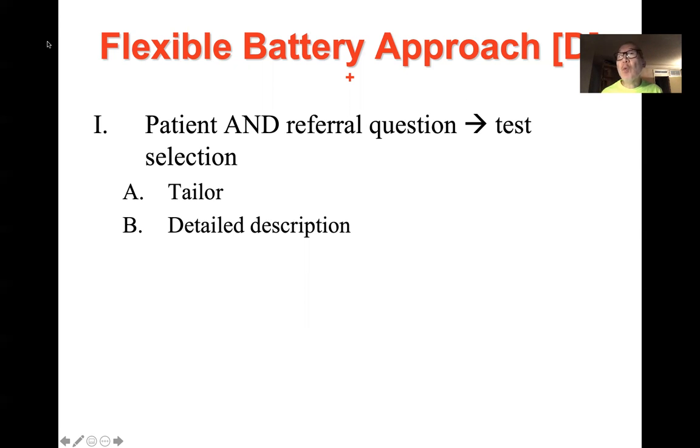Instead of one or two attentional tests from the Luria or Halstead Reitan, the psychologist may administer several attention tests. You have to be very focused on the specific referral question. Alrighty. And if he or she suspects there's other stuff going on, they may administer some other tests as well. So it's very much a referral guided assessment. Okay, it's tailored to that question, which allows for more detailed description of the particular issue of concern.